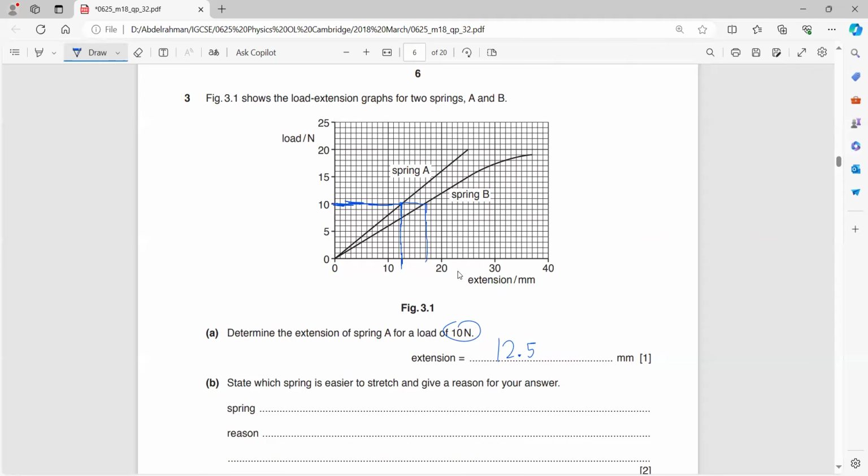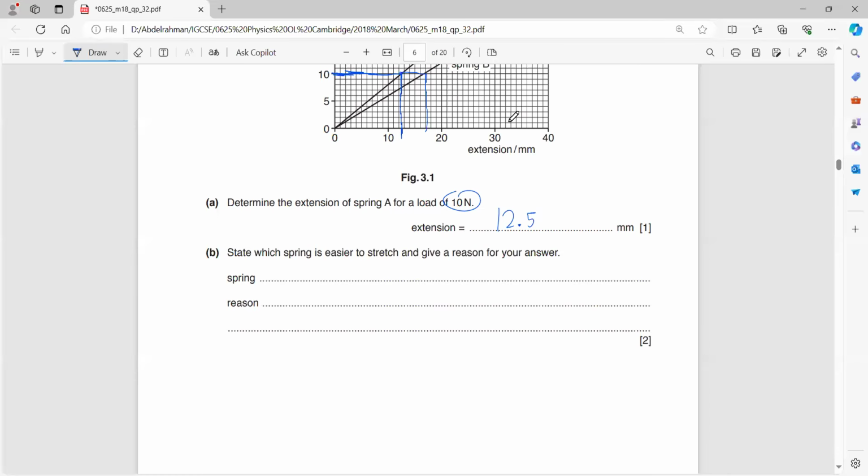So B is definitely much easier. Using the same force, B extended more.